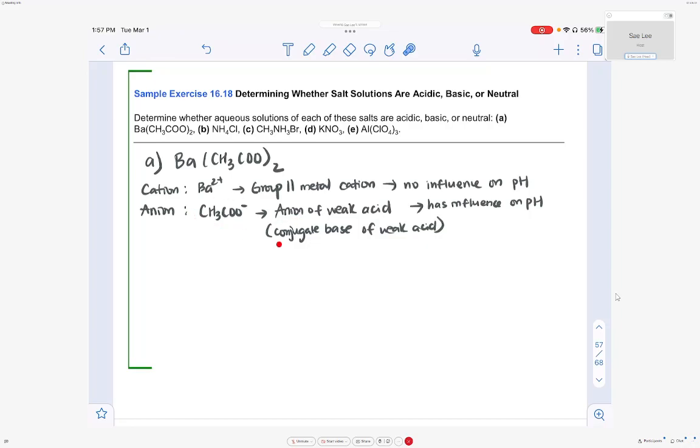Anions of weak acid, conjugate base of weak acid, are weak base, okay? So the overall salt solution is going to be basic. The acetate will have basic influence, and I'm just going to write basic.